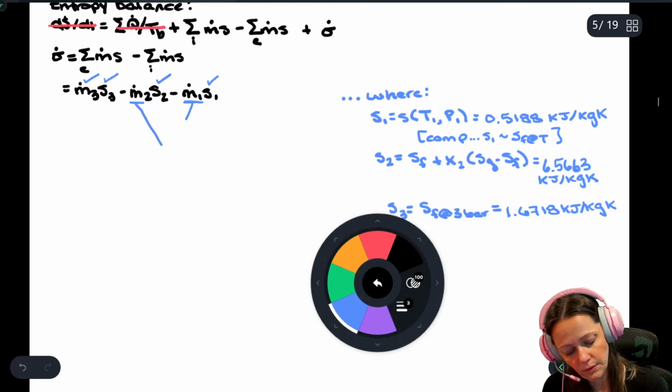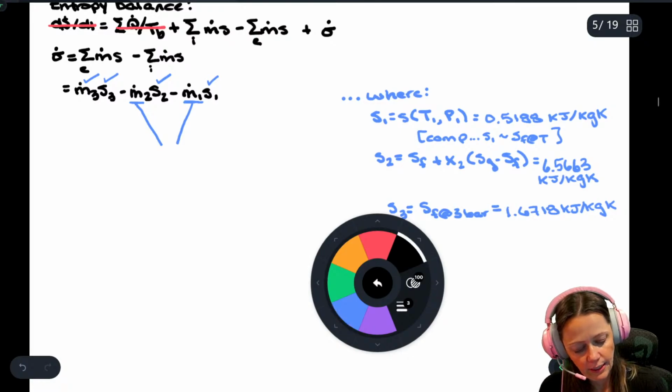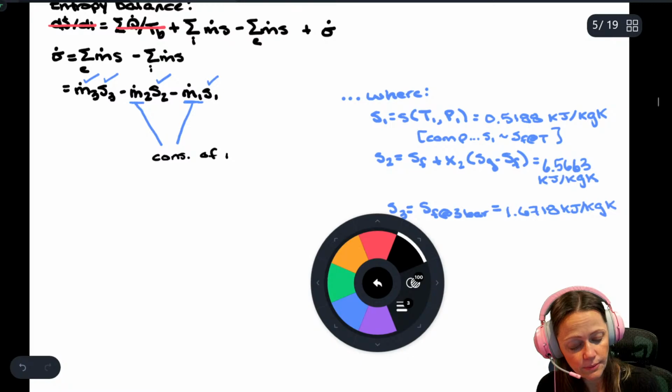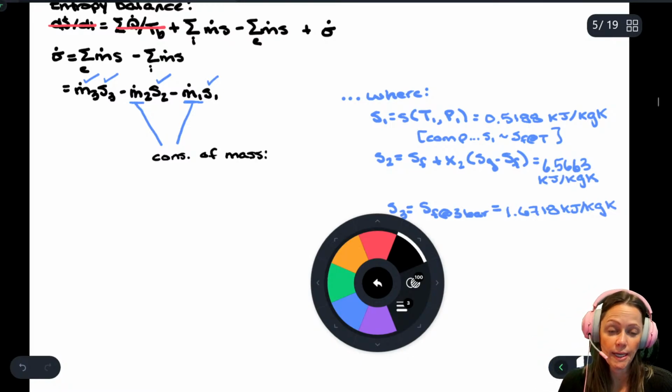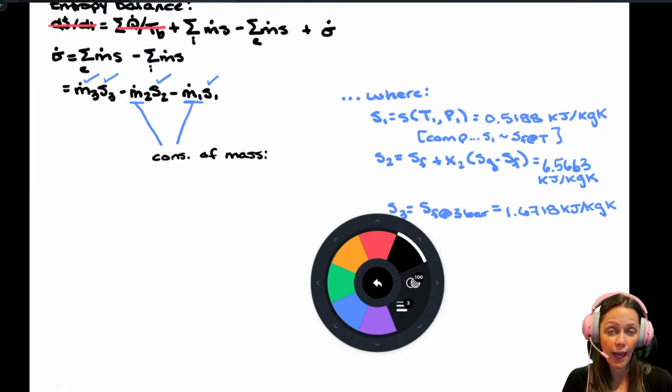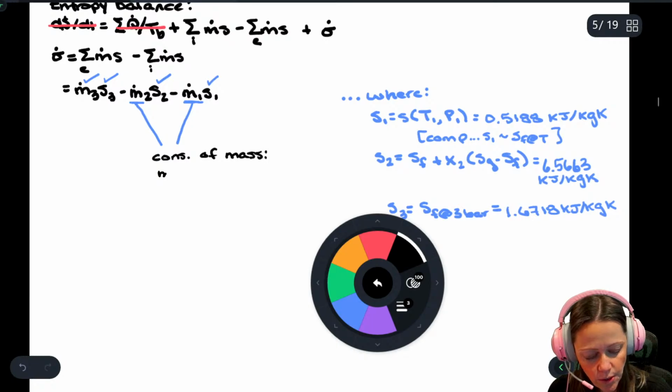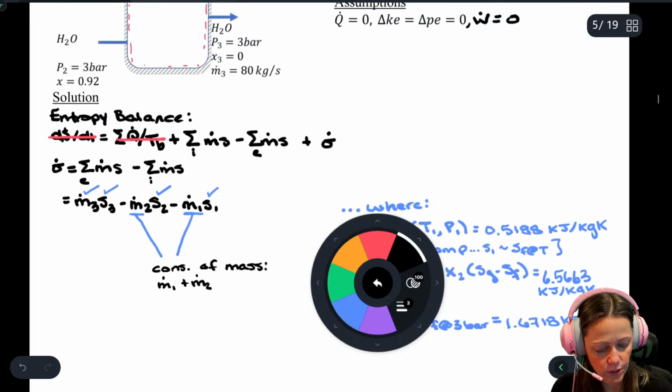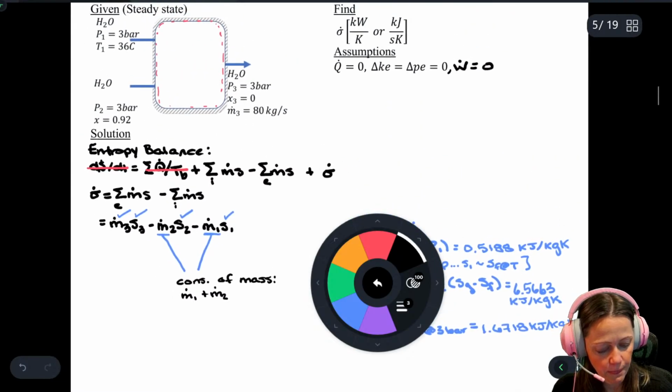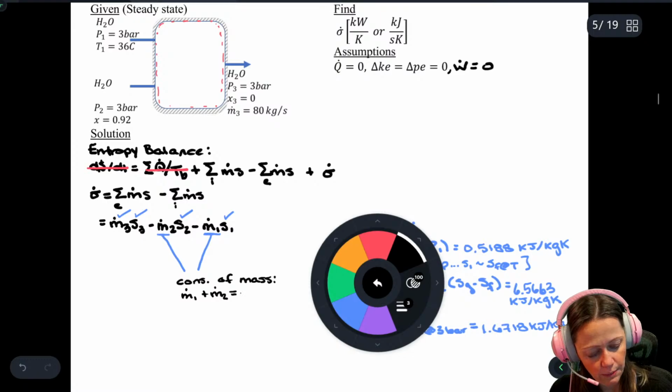At this point, I could apply my conservation of mass. It's steady state, so all it's going to tell me is that the sum of the m dots coming in is equal to the sum of the m dots going out. What's going in is m dot 1 and m dot 2. I'm going to scroll down so you can actually see the picture. And that's equal to m dot 3.